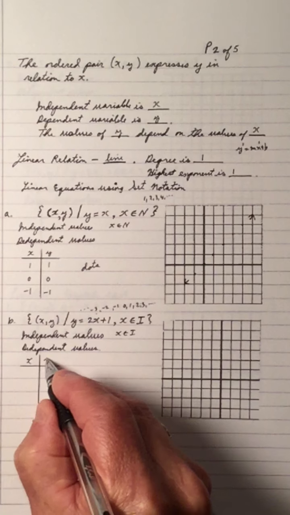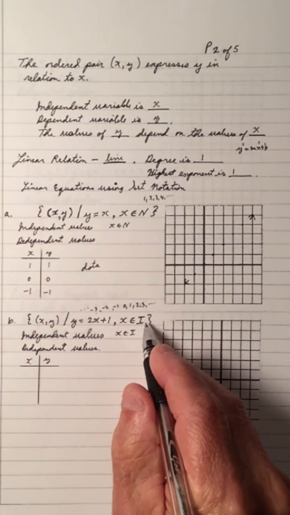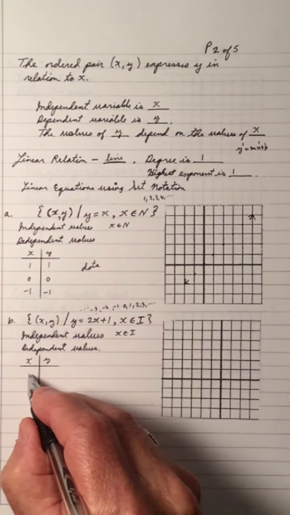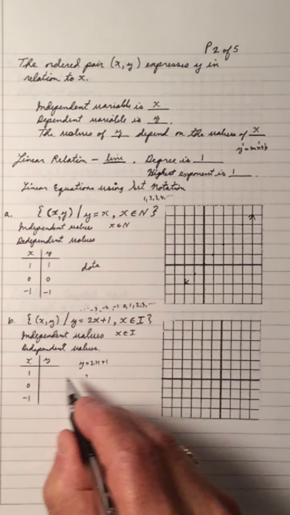So let's look at what happens in the table. We have an x and a y, and again, you can't graph all the integers, so we'll just use 1, 0, and negative 1. If I take the equation y = 2x + 1, I'm going to fill in 1 for x.